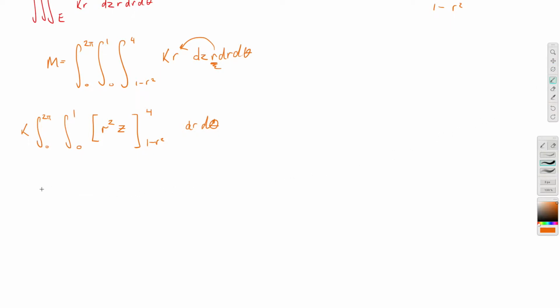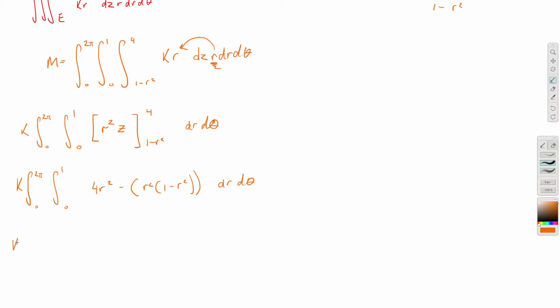Having done this, we keep going. We put 4 into the z slot, so we get 4r squared minus r squared times (1 minus r squared), dr d theta.